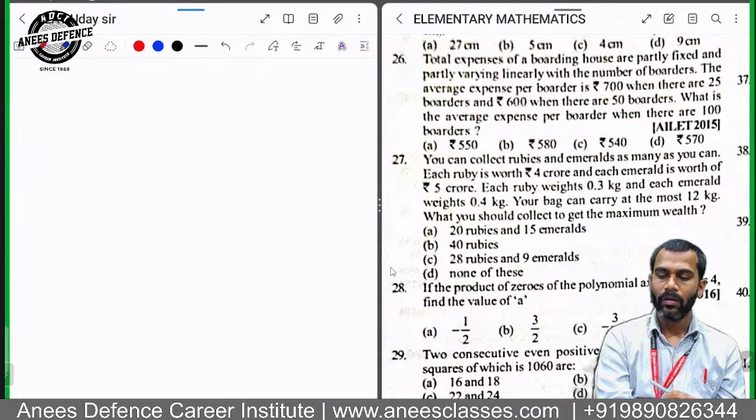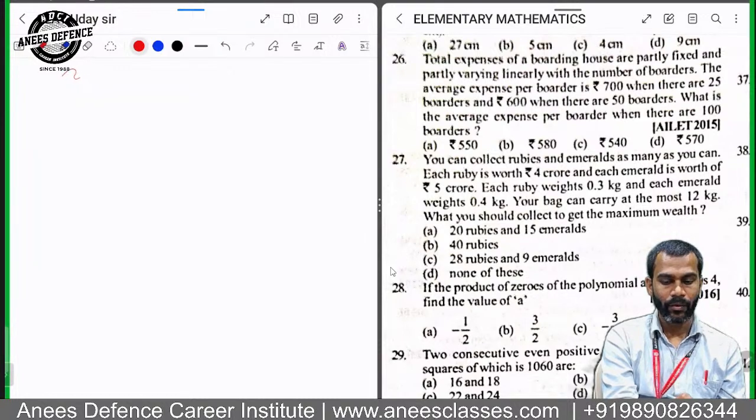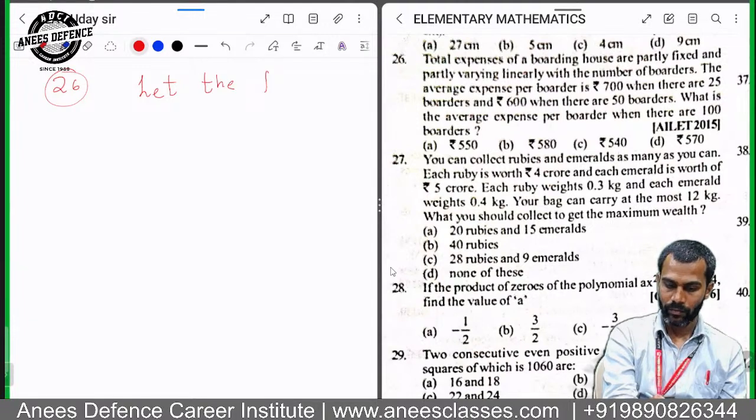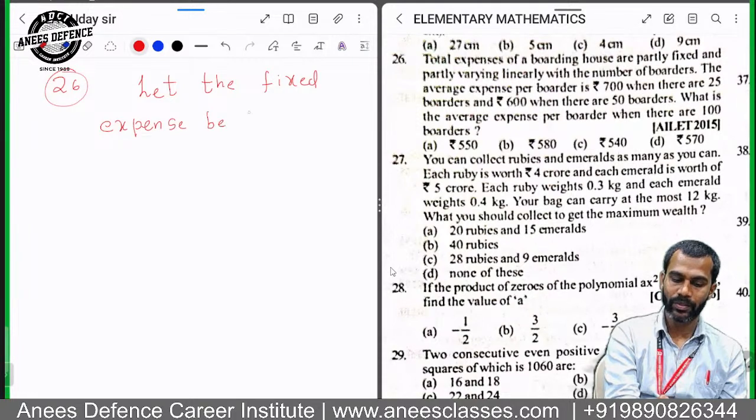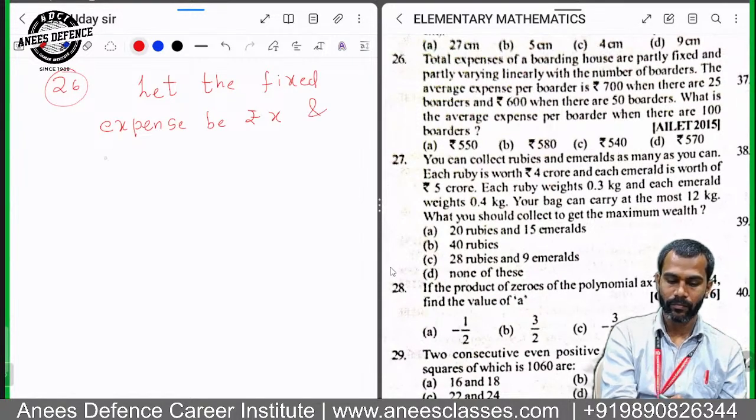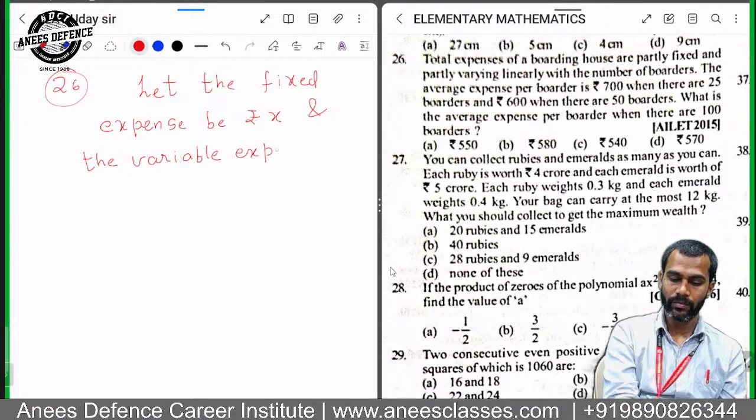See, let the fixed expense be x rupees, and the variable expense be y rupees.